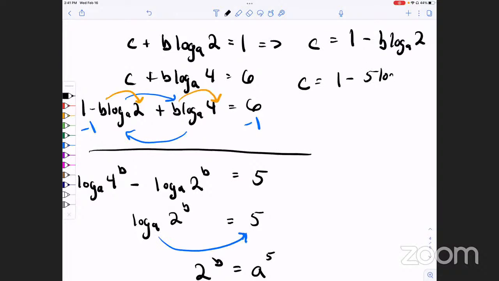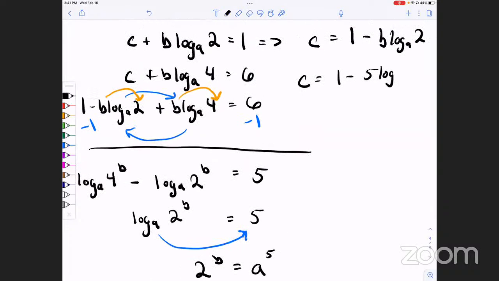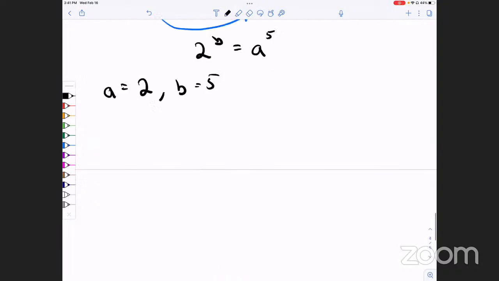So 5 times the log, our base we got was 2. So log base 2 of 2. This guy is 1. It collapses to 1. So then 1 minus 5 is negative 4. So then we get c equals negative 4 right here.